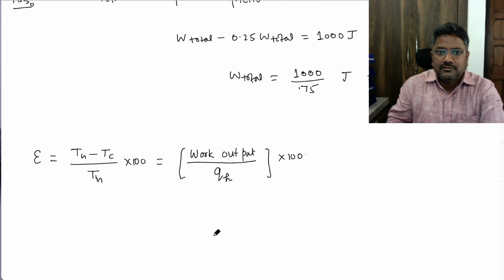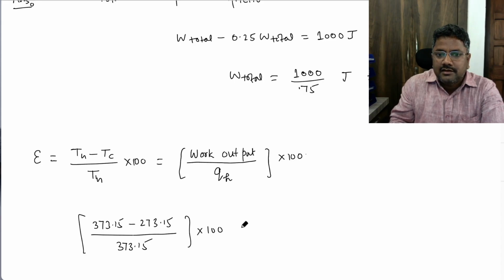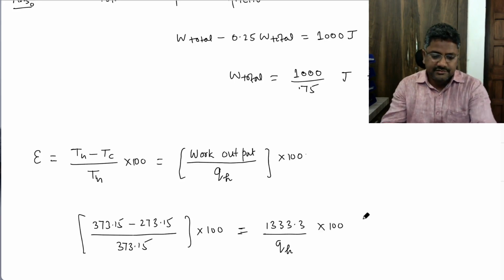So this I will put here. This is 373.15 minus 273.15 by 373.15 into 100 is equal to 1333.3 by QH into 100. So solve this.